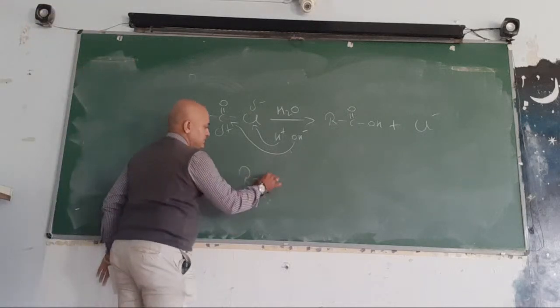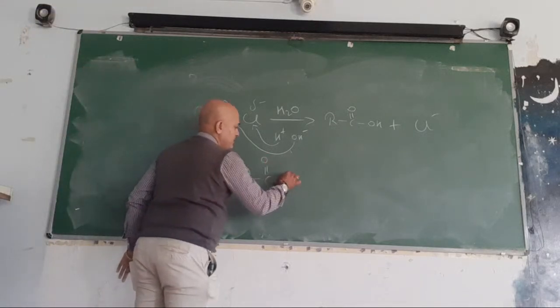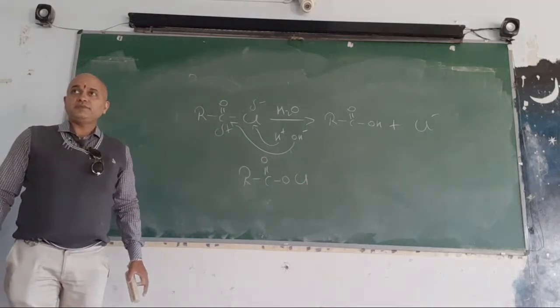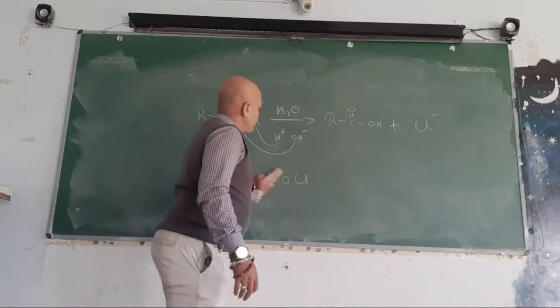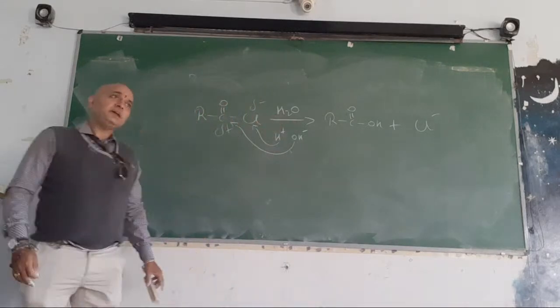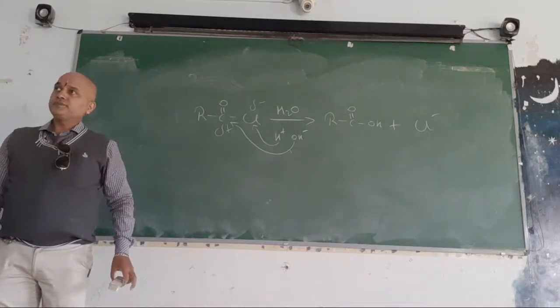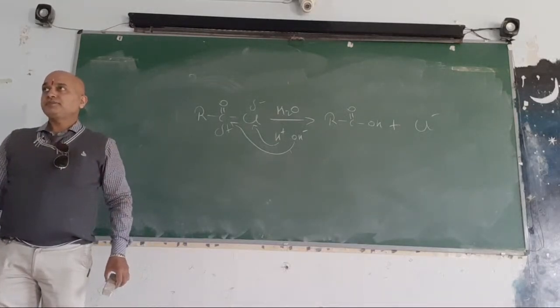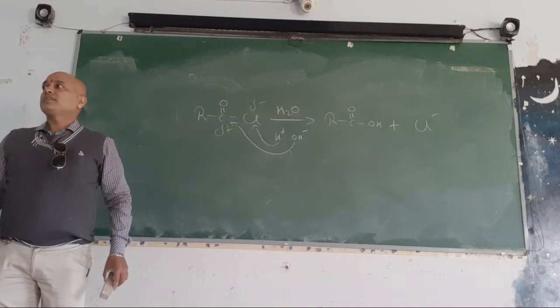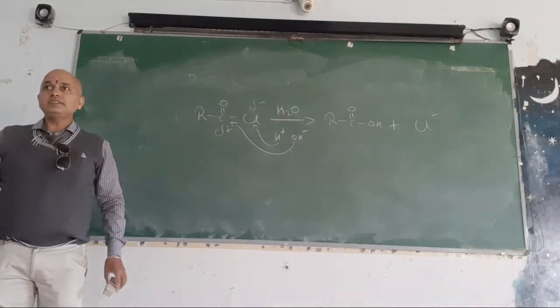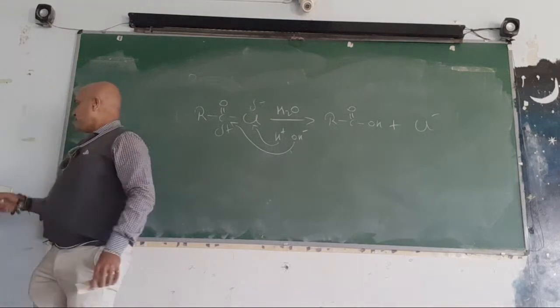No, it's not at all possible, right? Because both are negative. It's not possible. So that's why they are called acid chlorides. Okay, now any doubts? Because I think by this we are done with the preparation.